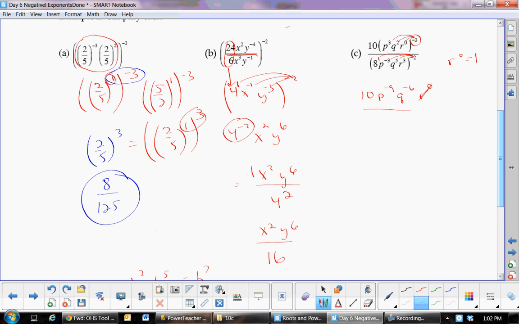Now on the bottom, it would be 8 to the -2, p to the 6, q to the -10, and r to the -6.